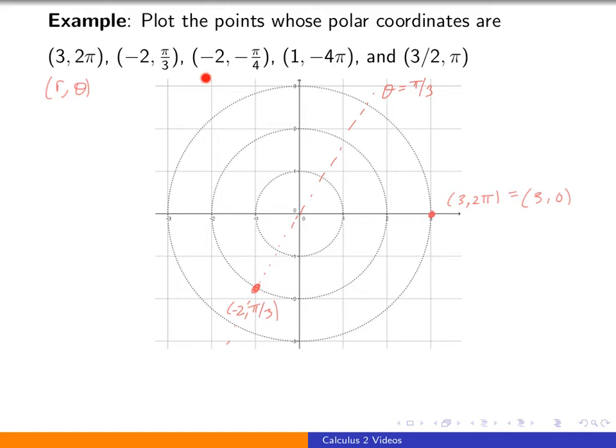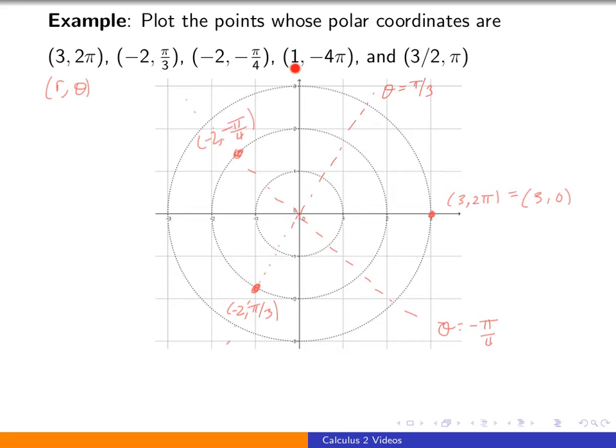Okay, our third point, minus 2 comma minus pi over 4. So minus pi over 4 means we need to go in the clockwise direction. And because it's minus 2 as our r value, we need to extend this ray. So that gives us minus 2 comma minus pi over 4.